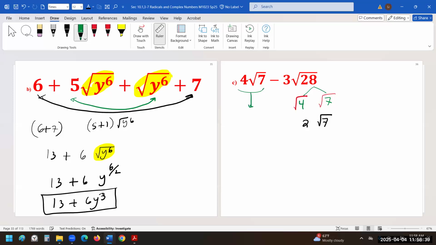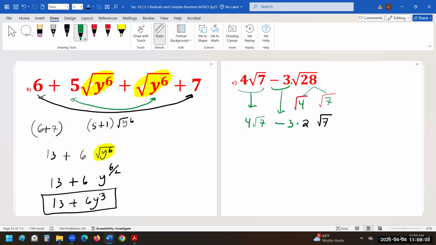So we bring this down. 4 square root of 7. We bring this down, minus 3. Now, between 3 and 2, there is a multiplication symbol. Because between 3 and the square root of 28, there's invisible multiplication there.